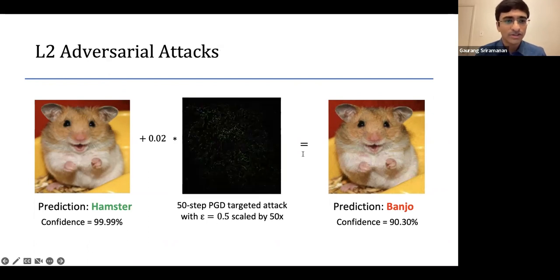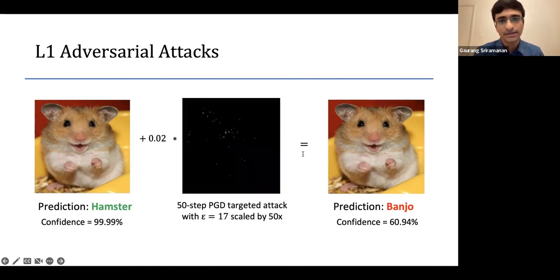On the other hand, here we show an example of an L2 based attack with an attack budget of 0.5. And we see how the L2 based attack focuses a lot of its available budget on several pixels, which are spread thin over the entire image. And this is quite a sharp contrast to that of L infinity attacks, where it's dense over all pixels. And here we show an example of an L1 based PGD attack with an attack budget of epsilon 17. We again note how the L1 based attack focuses much of its available budget on very few pixels across the entire image.